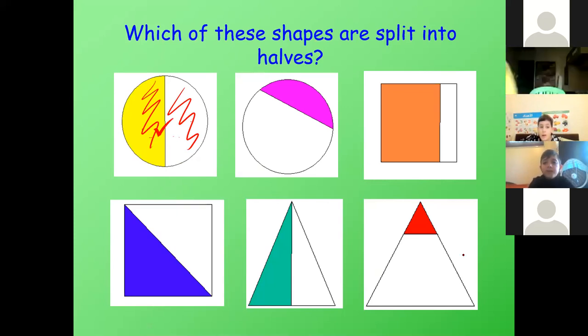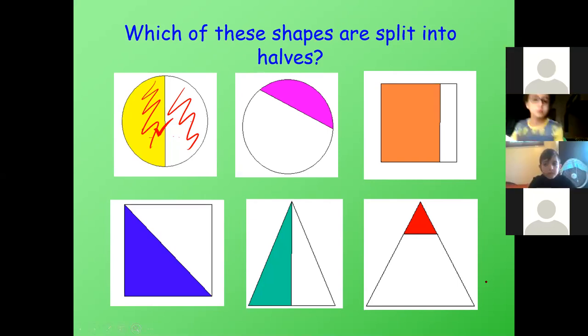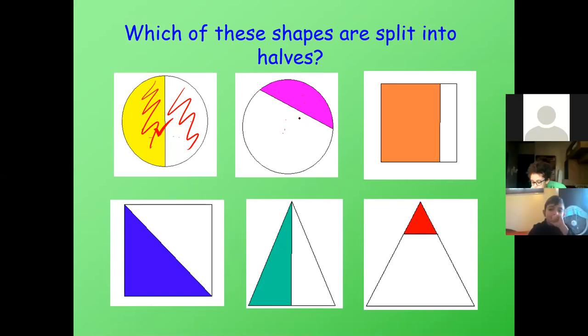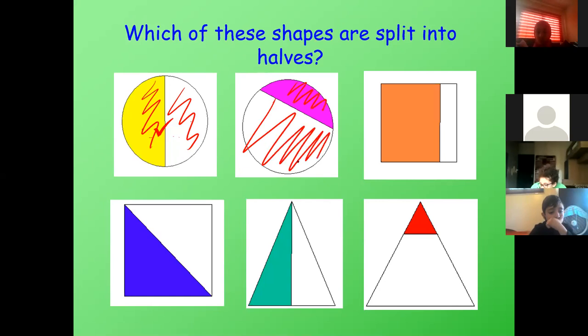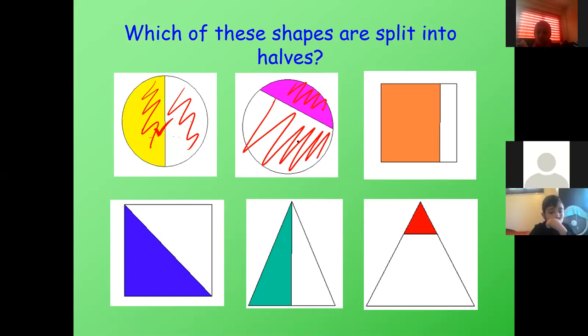Excellent. Okay, Jawad Shamseddine. The second one. Can we say that each part is a half? Why, ya Jawad? Because the two halves are equal. Is this part, ya Jawad, the same as this part? No. How are they equal?